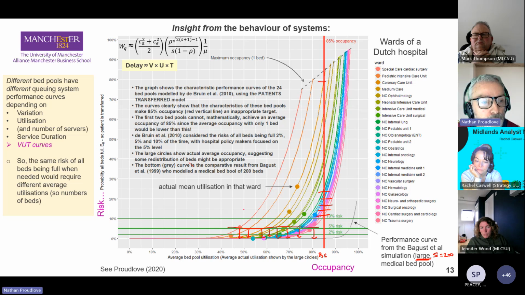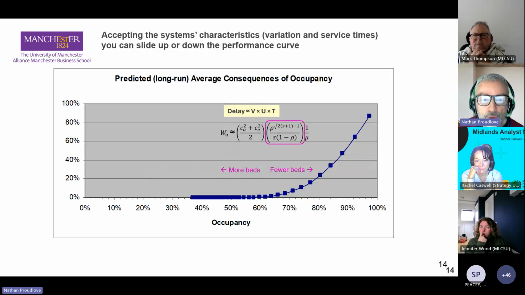But what can you do about it? What can we use our equations for to see the impacts of variation, utilization, numbers of servers, and the service duration, the average length of stay? So you could take the nature of your system, the V, variation, and the average length of stay as given, and then just operate with this in the middle, the utilization and number of beds bit.